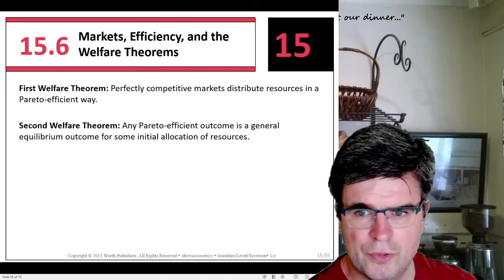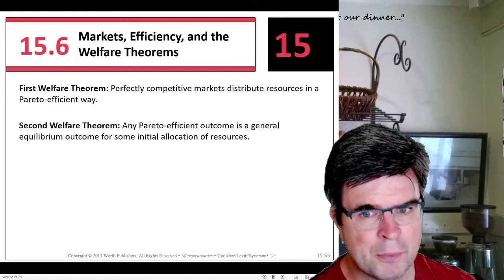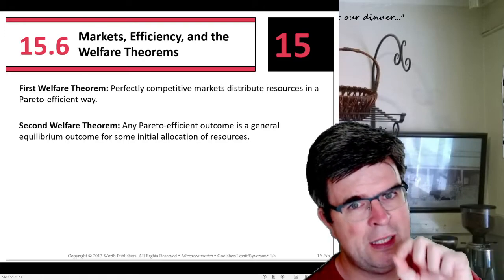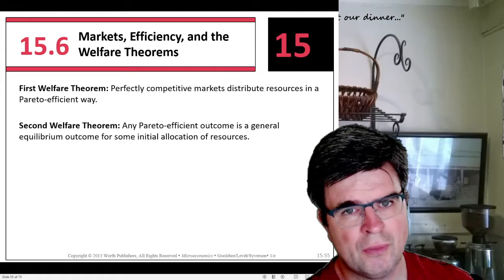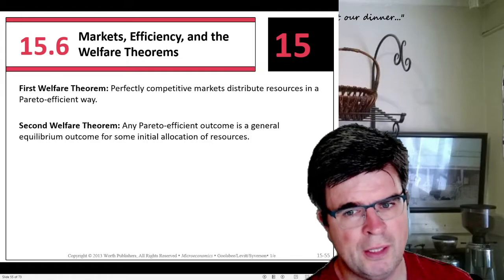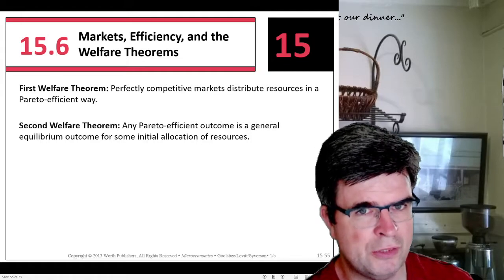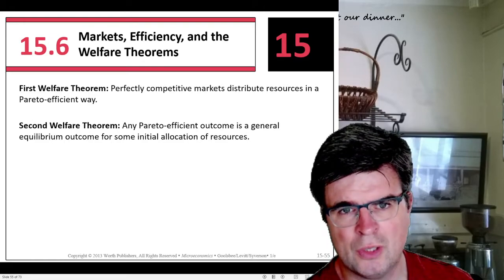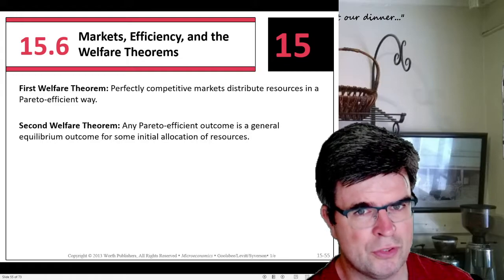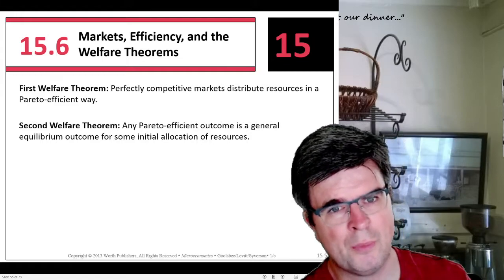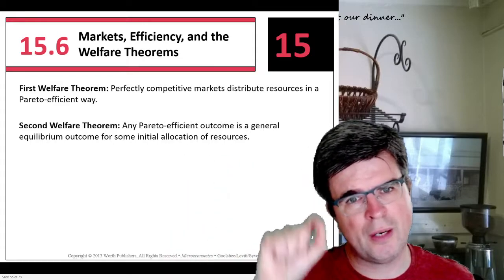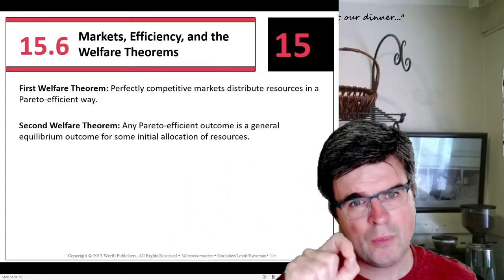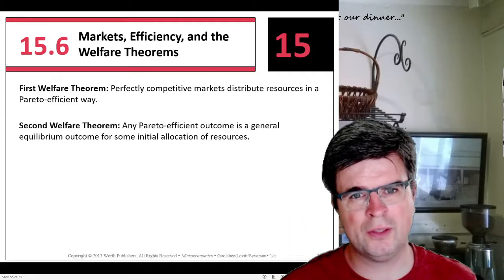Then the second welfare theorem says that any Pareto efficient outcome, so any green dot on this contract curve, is a general equilibrium outcome for some initial allocation of resources. So this means that you might, as a government, have a preference for one Pareto efficient outcome over the other. On this green contract curve of Pareto efficient outcomes, you may have some allocations that you prefer more than others.